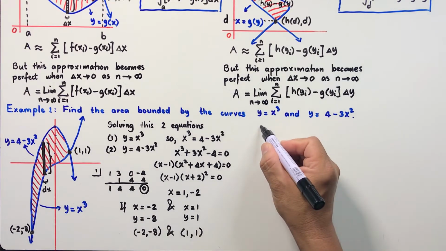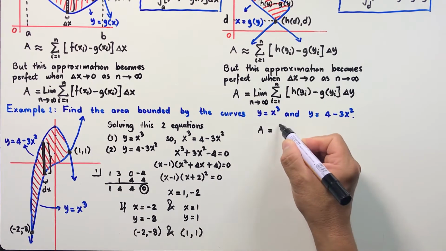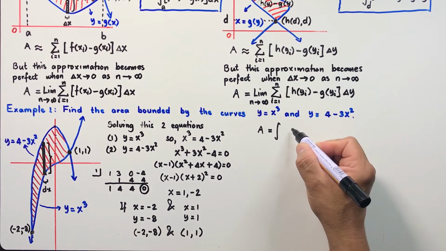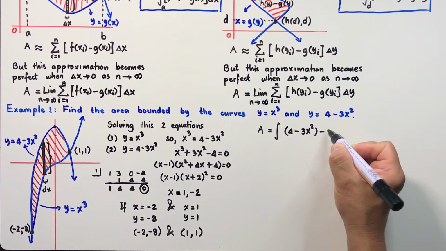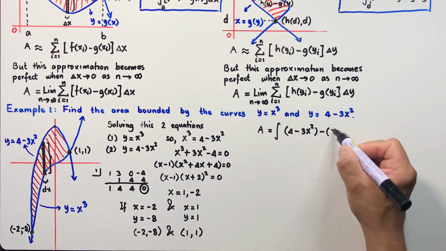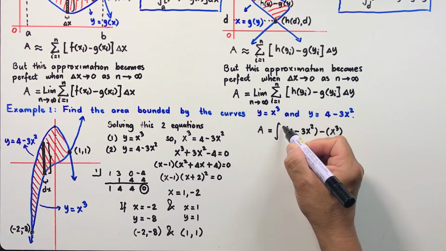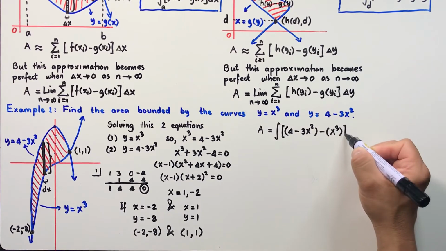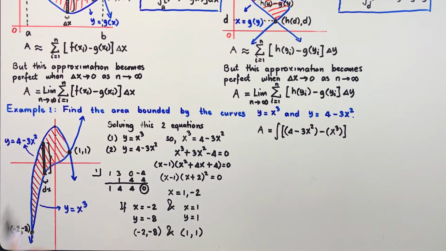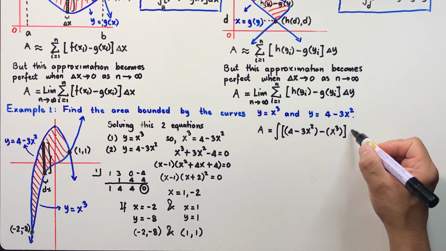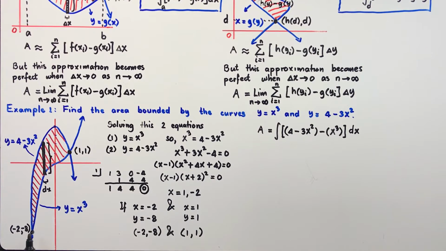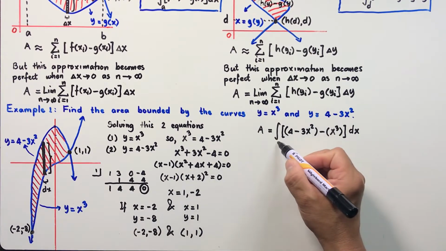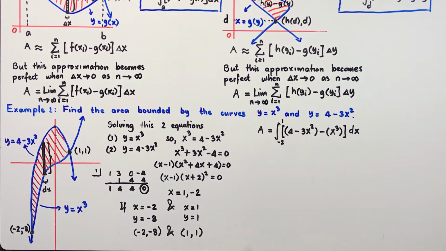So we say that the area is equal to the integral of the upper boundary, which is 4 minus 3x squared, minus the lower boundary, which is x cubed. Now remember that this is only the length of every slice, and it has a thickness of dx. Slicing it starting from negative 2 to 1. So that's the limits of our integration.